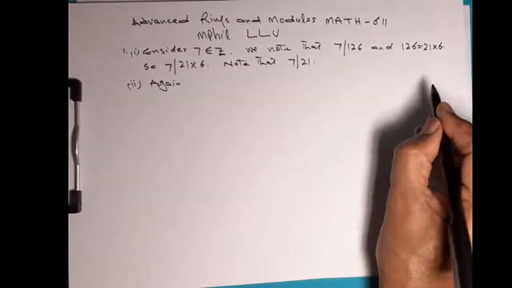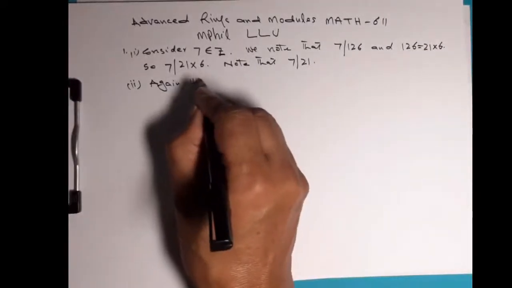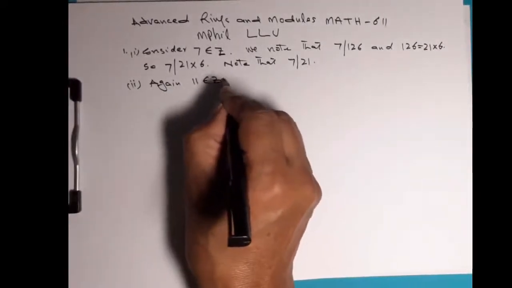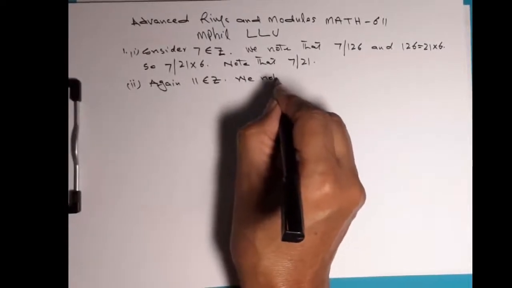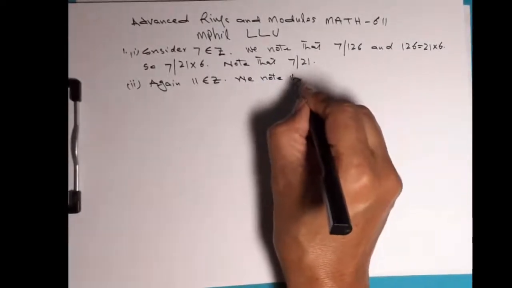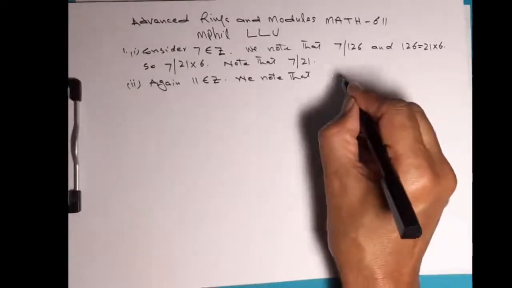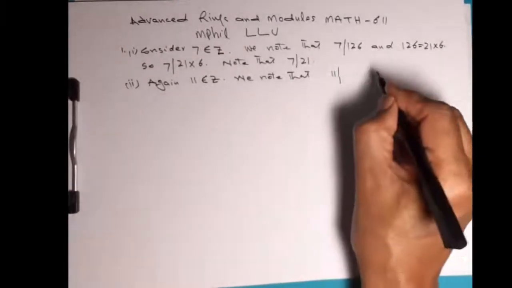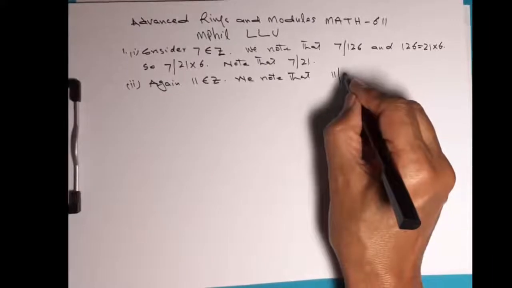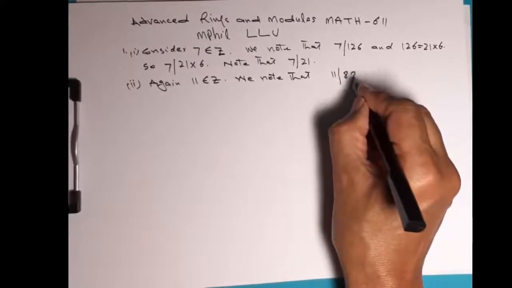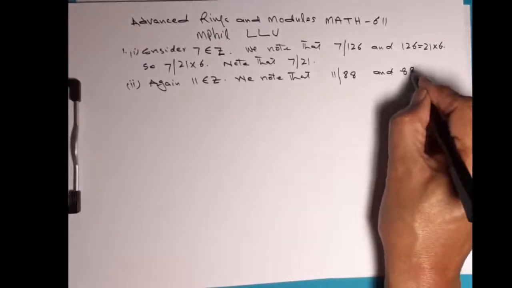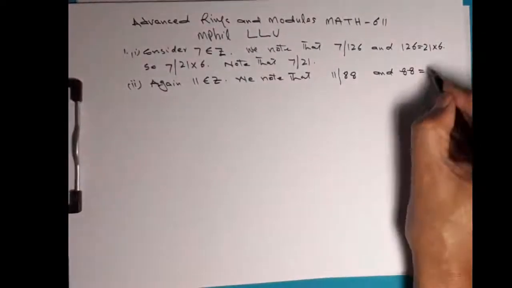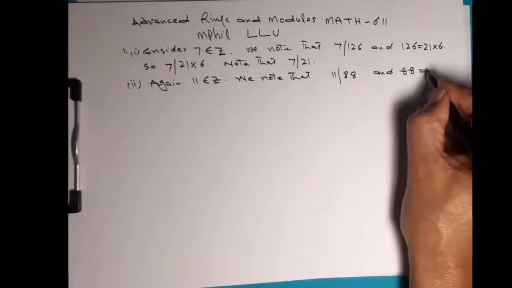Again, let's choose another prime, say 11. This is a prime in Z. We note that 11 divides, let's say 88, and 88 can be written as 22 multiplied by 4.